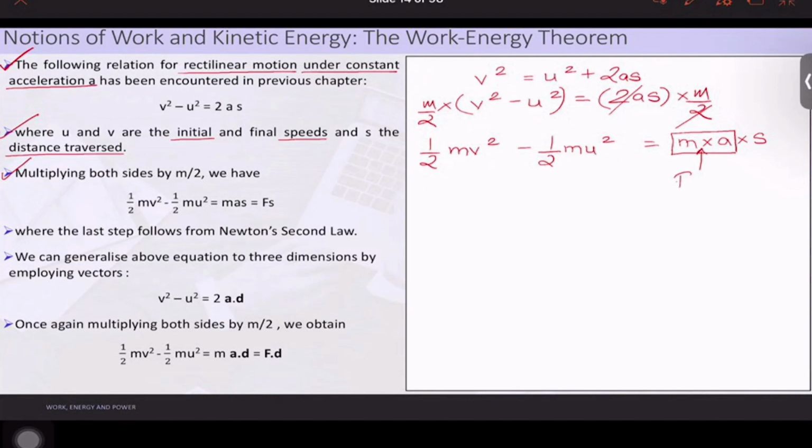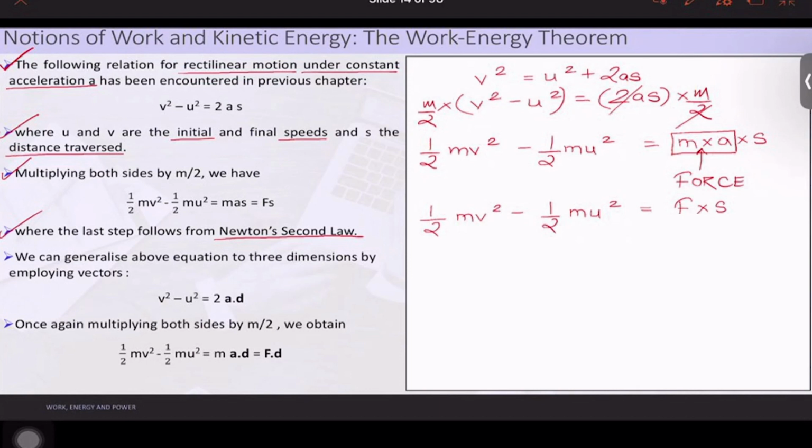This is nothing but called force. So therefore we can write half m v square minus half m u square is equal to force into displacement, where the last step follows from Newton's second law. So we understood that mass into acceleration is force, and we get force into displacement.